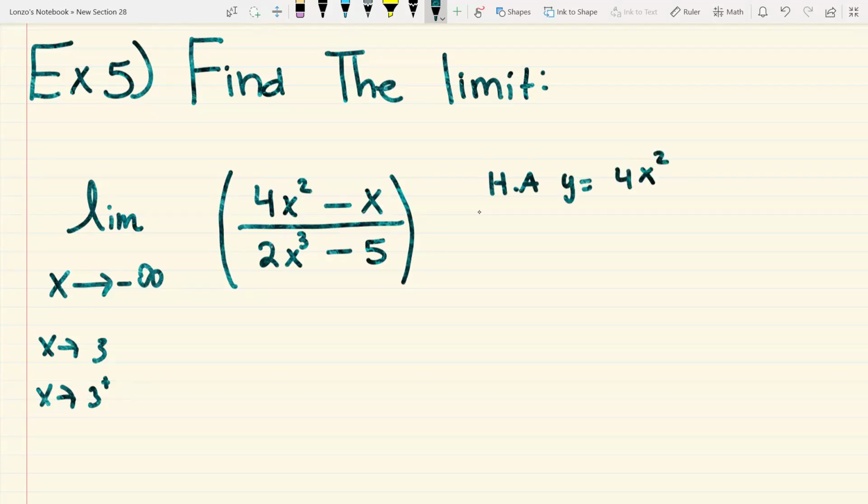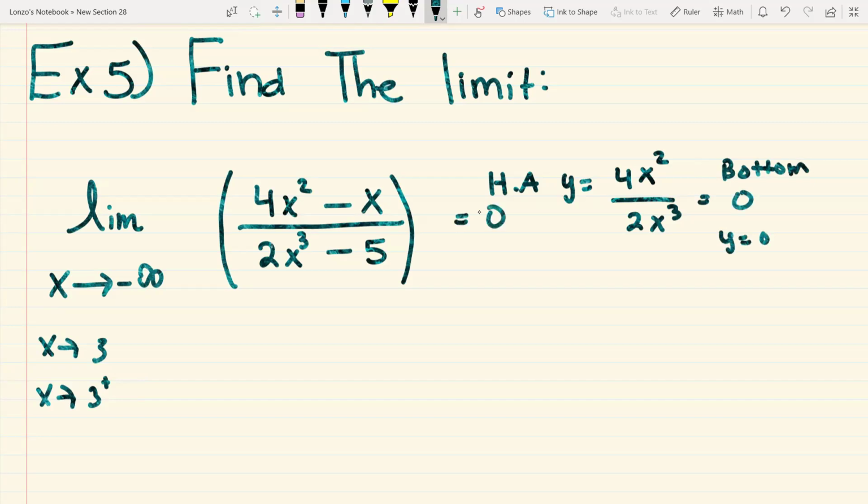What is the highest term on the denominator? It is 2x cubed. So what is the rule of a rational function when the degree on the bottom is bigger than the top? The rule is it's bottom heavy, and when it is bottom heavy, the horizontal asymptote is y equals 0. So that means our limit is 0.